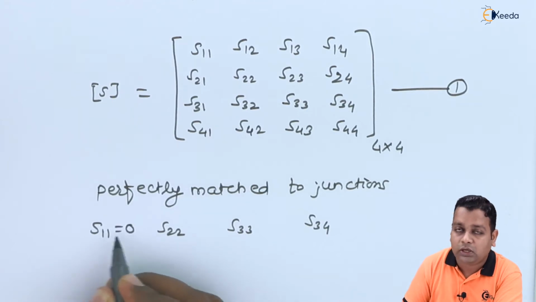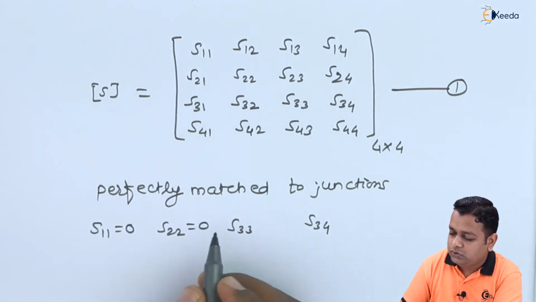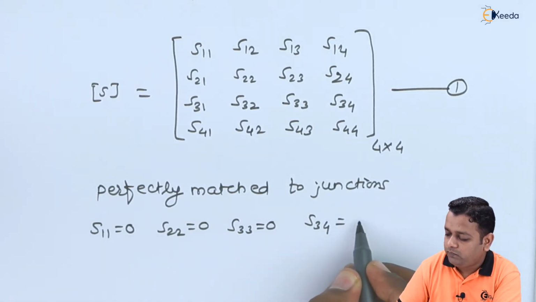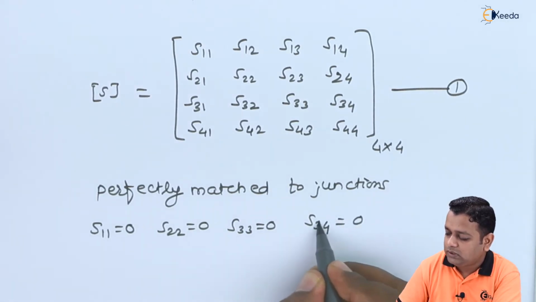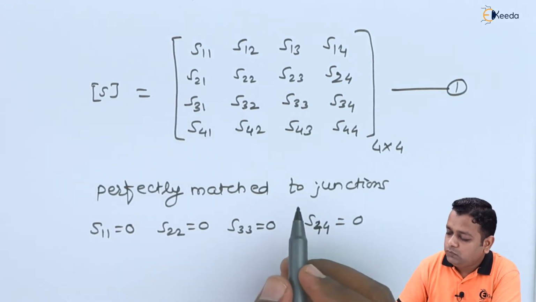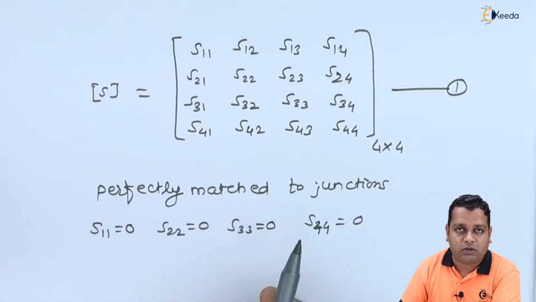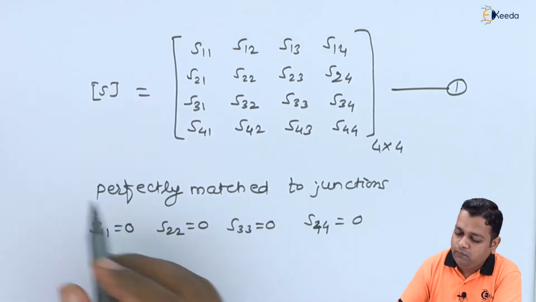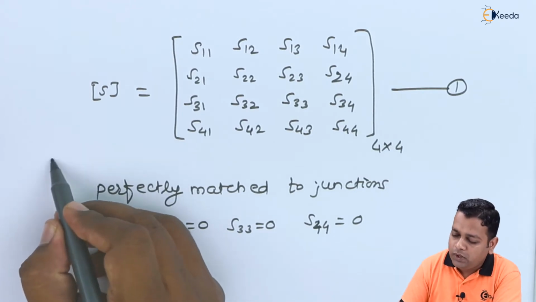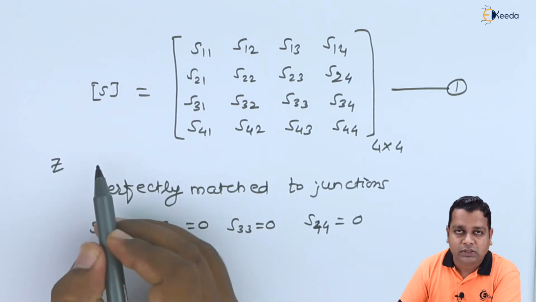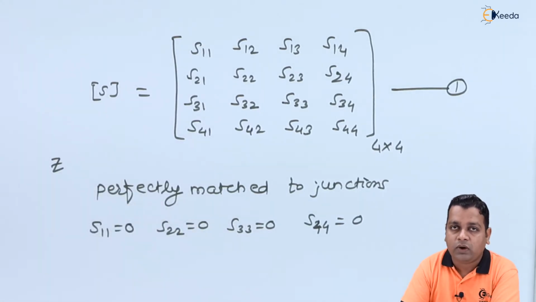So S11 equals 0, S22 equals 0, S33 equals 0, and S44 is equal to 0. Now, perfectly matched means that if we have a certain port with impedance Z, and the transmission line, which is basically a rectangular waveguide, whatever arms we have in the directional coupler are from the primary and secondary waveguides.